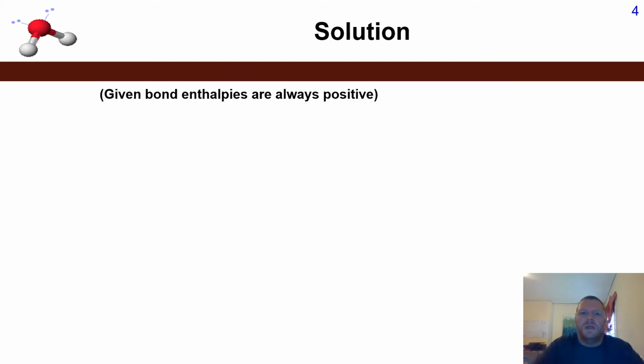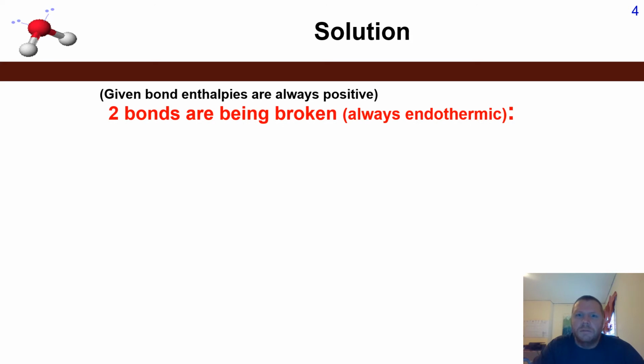Our bond enthalpies are always going to be presented as positive numbers. There are a total of 2 bonds being broken. Which bonds are those? From our molecule CBr3H, we're breaking a CH bond. We are also breaking a Cl-Cl bond.